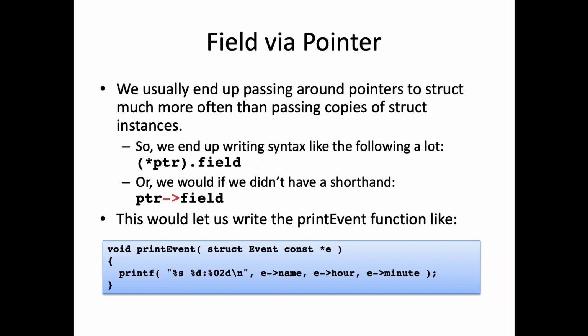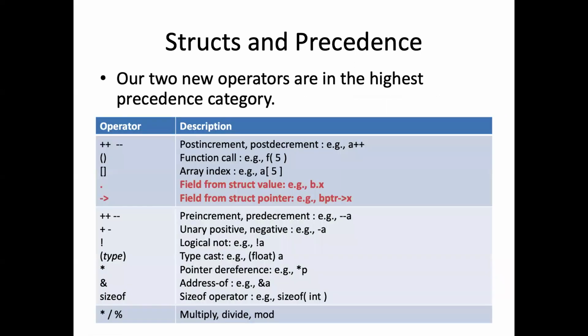This is how I'm going to access fields of a struct from here on, at least if I've got a pointer to that struct. We've actually been using two operators that we saw for the first time today. If you've got a value of a struct type, you get to use dot to talk about its fields, just like in Java. If you've got a pointer to a struct type, you use arrow.